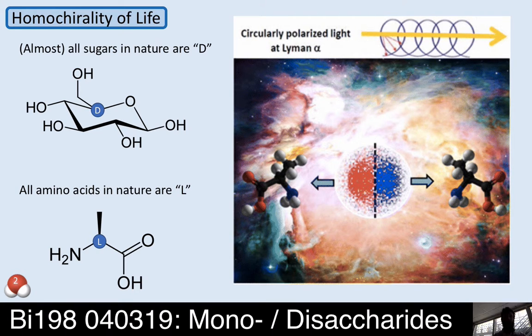The Big Bang did not happen uniformly. That light got twisted in a certain direction. They call this the Lyman frequency, and the circularly polarized background radiation in the universe gave a slight advantage to certain chemical enantiomers as the chemical economy was growing prebiotically on Earth before biology happened. That's a little weird factoid.